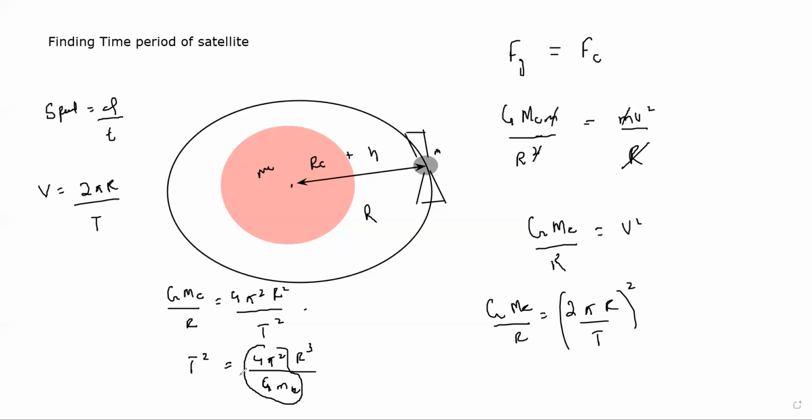Whenever we replace a constant, the equal sign is replaced by a proportionality sign. So we can simply say t square is proportional to r cube. And what do we call this? We call this Kepler's law.